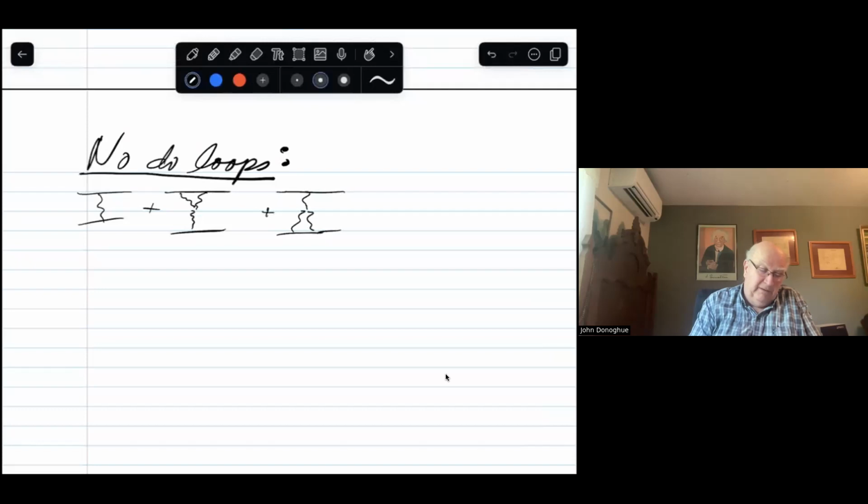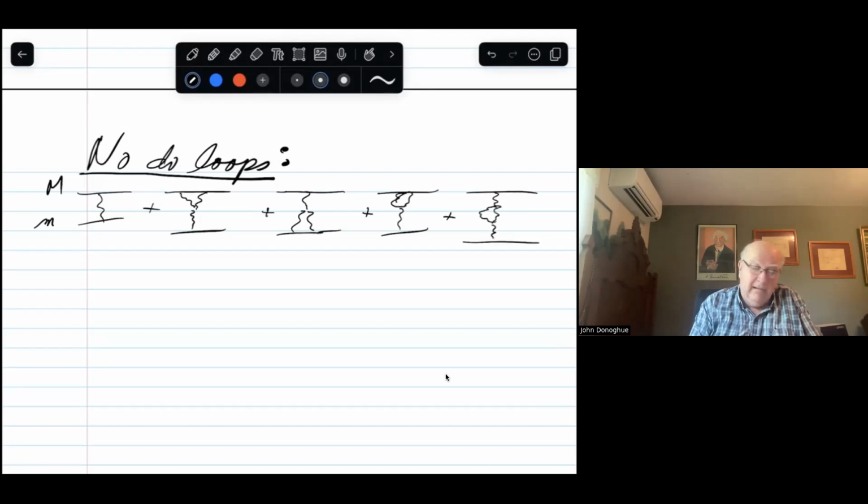So this might be big M, this might be little m. There's a large number of diagrams. I don't want to forget to draw this one, which is the vacuum polarization. There's box diagrams, there's cross box diagrams, and there's others. I'm not going to draw them all.